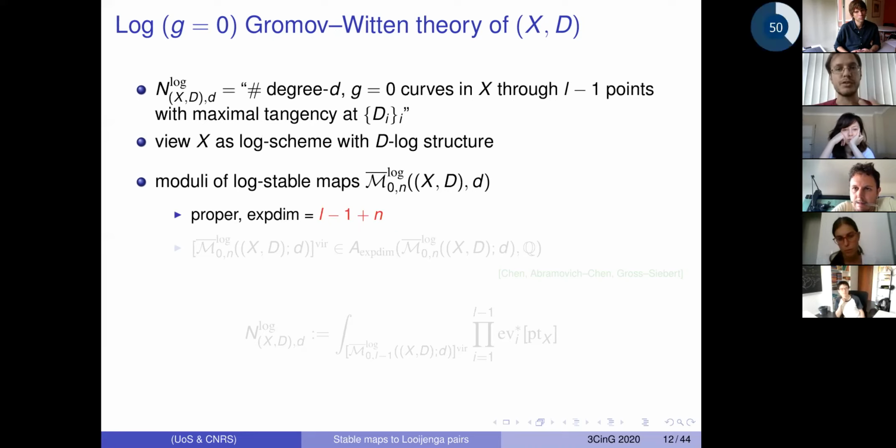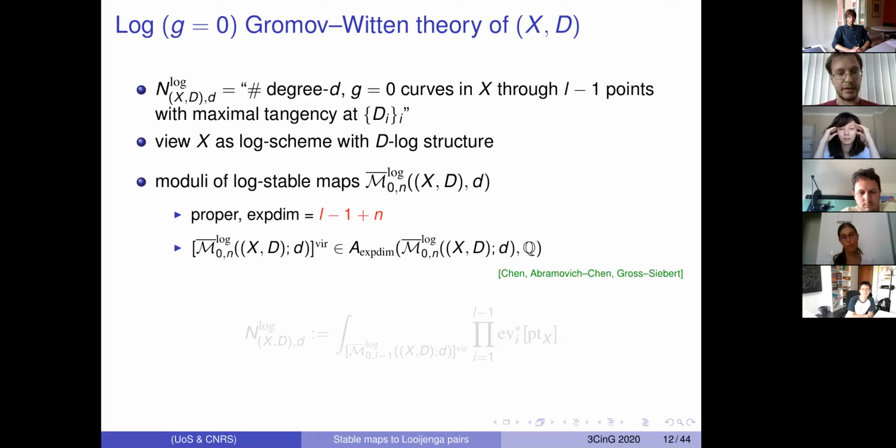Essentially, we're solving the problem of properness by coming to terms with the fact that some components will fall into the divisor, by remembering the contact orders in terms of some homomorphism of ghost sheaves. And if X is log smooth, which is always the case for us, it will have expected dimension coincidentally exactly the same as on the previous slide, L-1 plus N. So again, L is the number of components and N is the number of marked points.